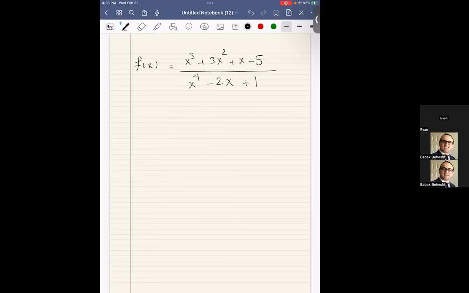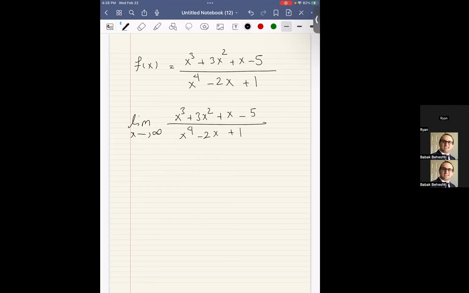And we want to find the limit at infinity.